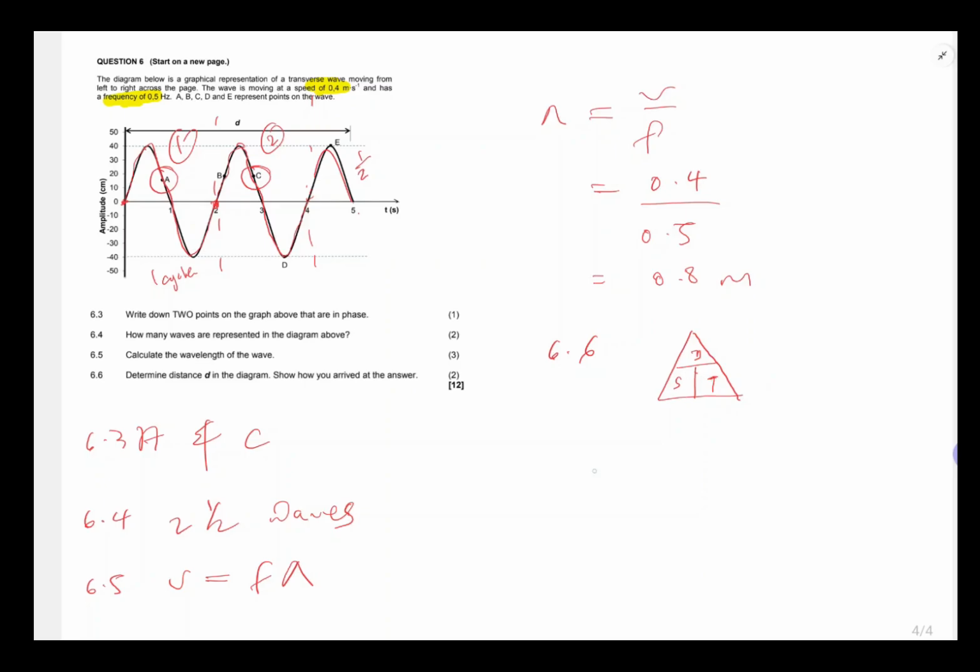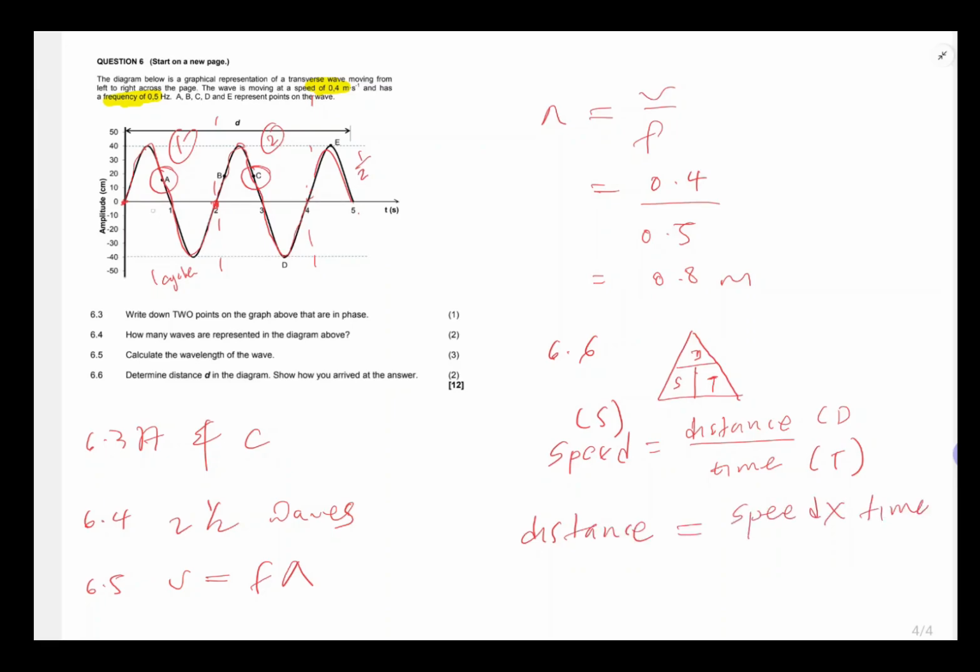Speed is equal to the distance over the time, so to find distance we interchange: distance is speed times time. What is our time? It's from 0 to 5, because that's how much is covered. So the speed, which we're told was 0.4, times 5 is equal to 2 meters.